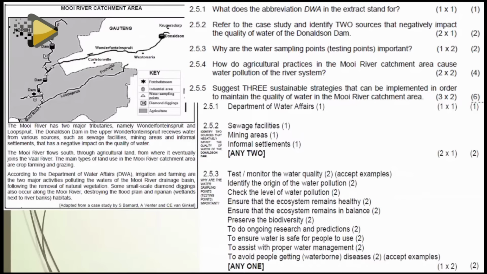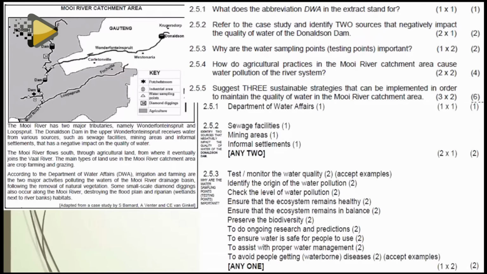This is a common question. I have seen this question in all examination papers from 2021, 2022, 2023, 2024. There was always river management there, or drainage basin management. So this is a question that usually comes in a case study or in an infographic.